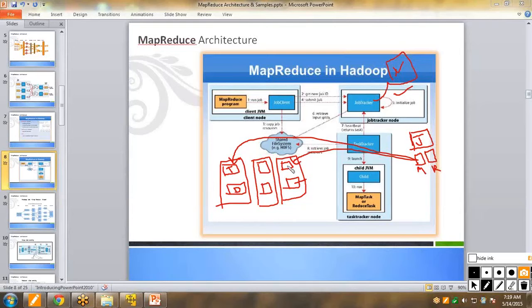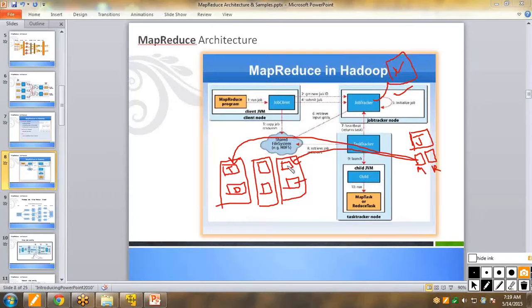So this is what it is, but let us look at a simple program. Rajiv, are you getting the point? Okay. This is a hello world program in the MapReduce world, and it is the simplest one if you want to understand it.